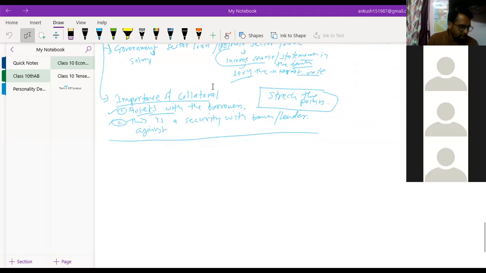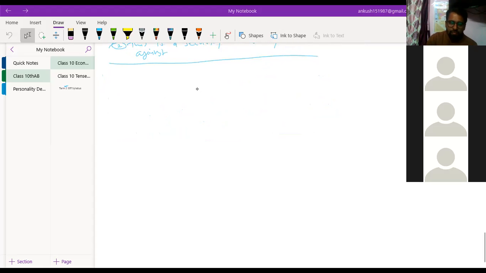So let us understand, in your book on page number 46, it is given as the variety of credit arrangements. Let us take an example of this and try to understand what varieties can be there. Variety of credit arrangement.